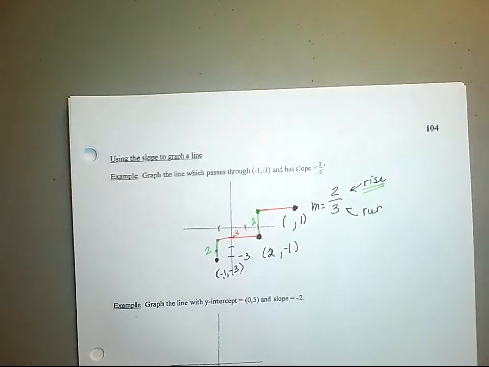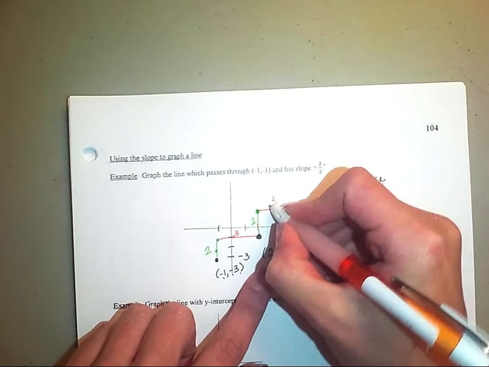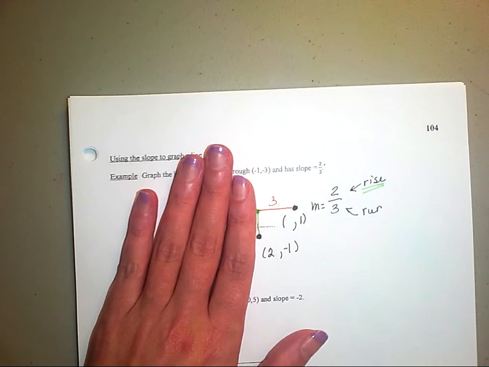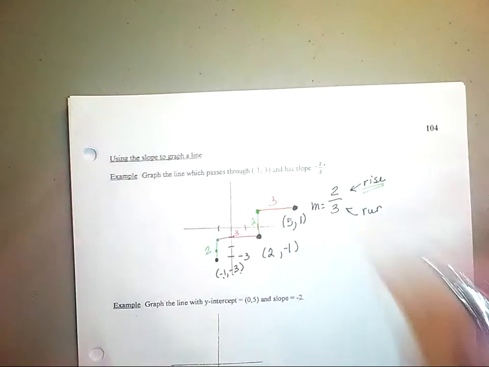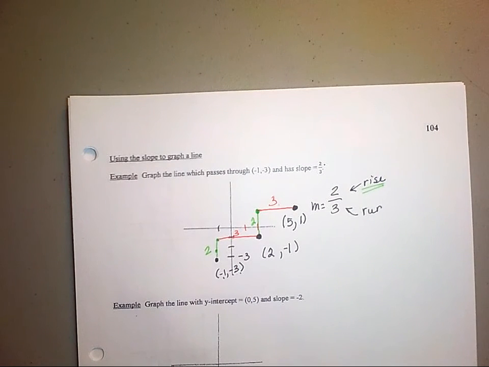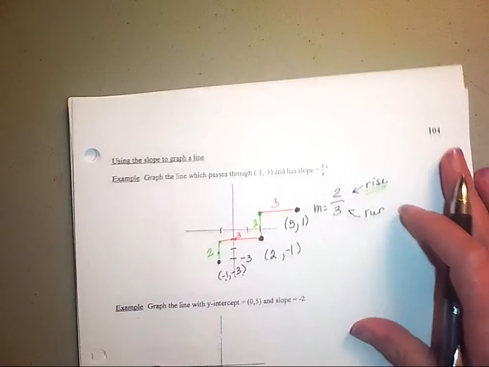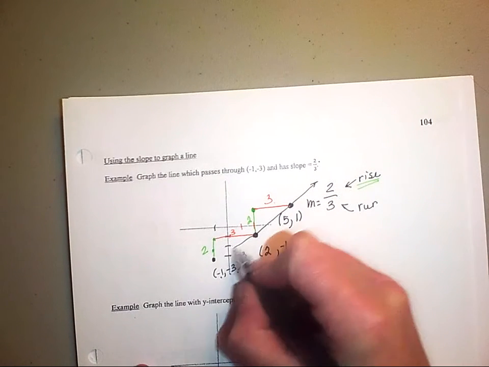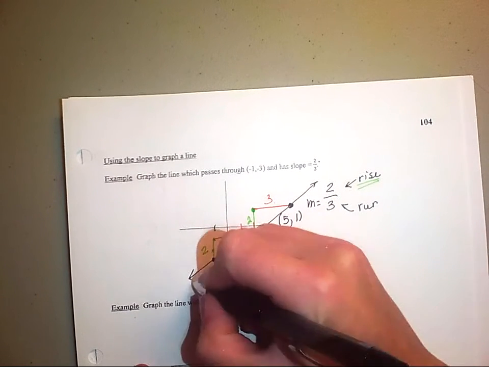And for the x value, I was at 2, but I added 3, so now this is 5, 1. And then I can connect these points, and this will be our line.